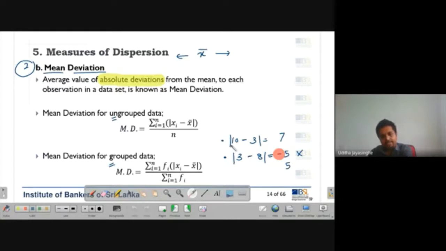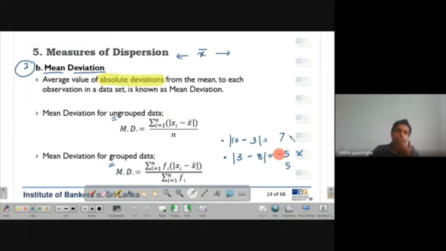Mean deviation is where we take the average first of all, and then we compute the distance between each individual value and that average. We take the modulus value to straighten it out, to avoid the negativity.